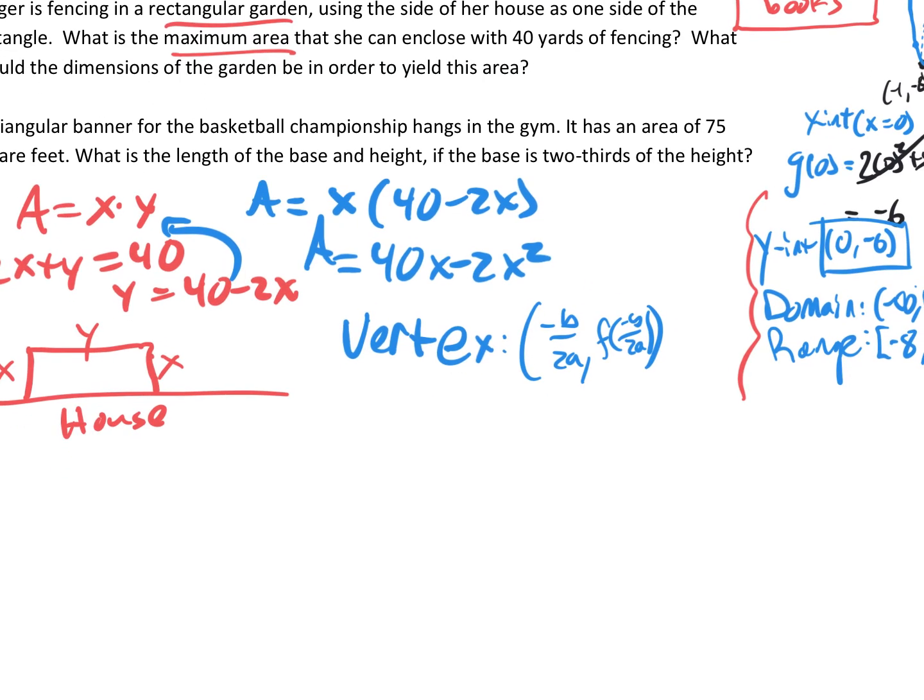So we want to take this equation, maybe rewrite this as negative 2x squared plus 40x. And so negative b over 2a is going to give us negative 40 over 2 times negative 2, which is negative 40 over negative 4, which is 10. Okay, so that is our axis of symmetry. That is our x-coordinate there.